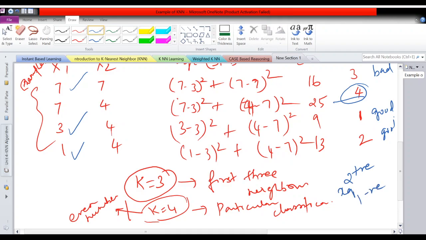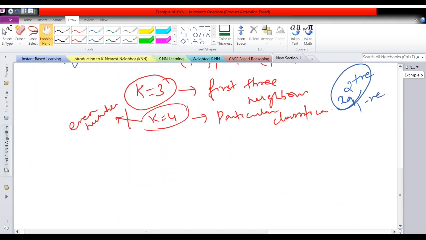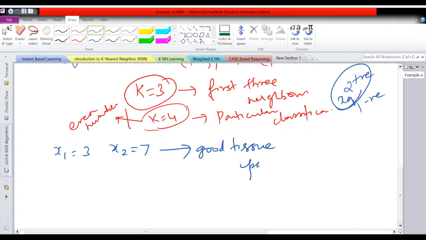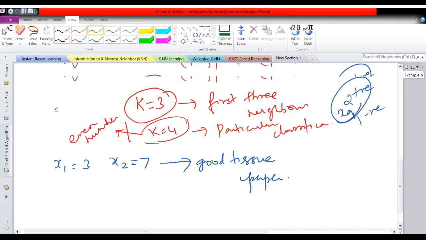So your xq will belong to the positive class. So a tissue paper with acid durability 3 and strength 7 will be classified as a good tissue paper. So this is one particular example of your k nearest neighbor algorithm.